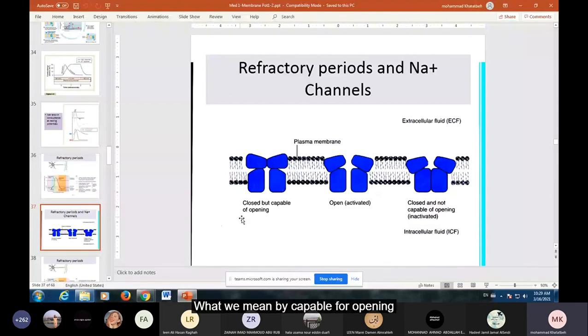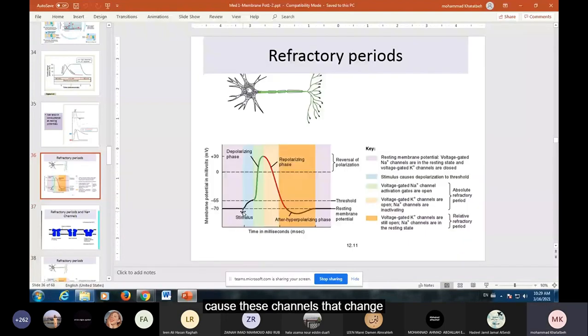What do we mean by capable of opening? A threshold potential, a change in the potential from -70 to, say, -55, can cause these channels to open. So they are capable of opening if you have stimulated that membrane by a threshold potential.